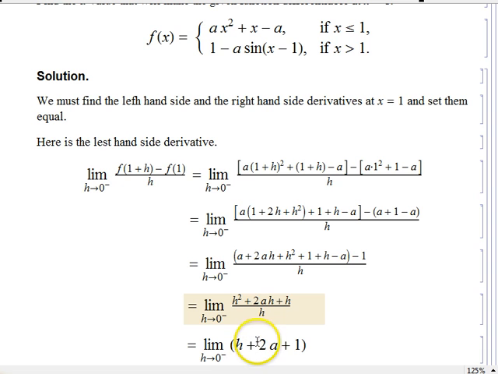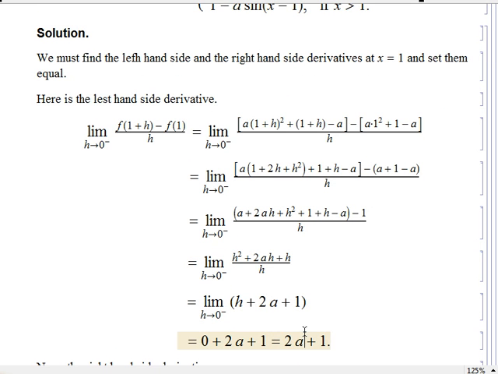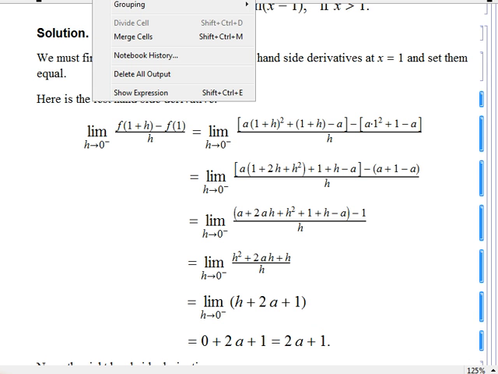We have h plus 2a plus 1, and the denominator is gone. Finally, we ended up with a trivial limit. We can plug in h equal to 0. Oh, excuse me, not at any time. After this simplification, after this denominator is gone, we can do it. Okay, plug in, then we get 2a plus 1. So that's the conclusion. The left-hand side derivative turned out to be 2a plus 1.